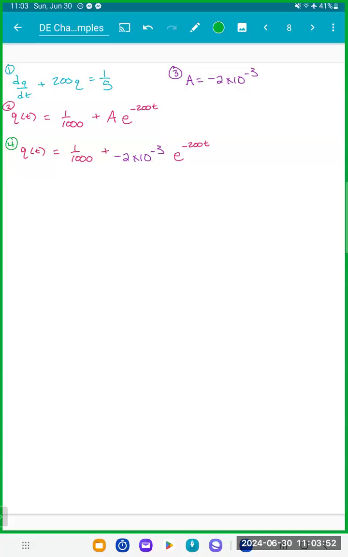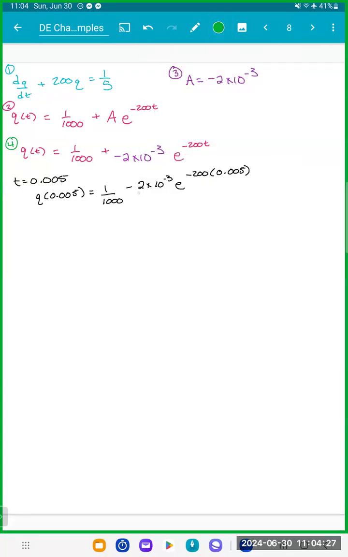All right. So at t equal to 0.005, right? We have Q of 0.005 is equal to 1 over 1,000 minus 2 times 10 to the negative 3 times e to the negative 200 times 0.005. Okay.